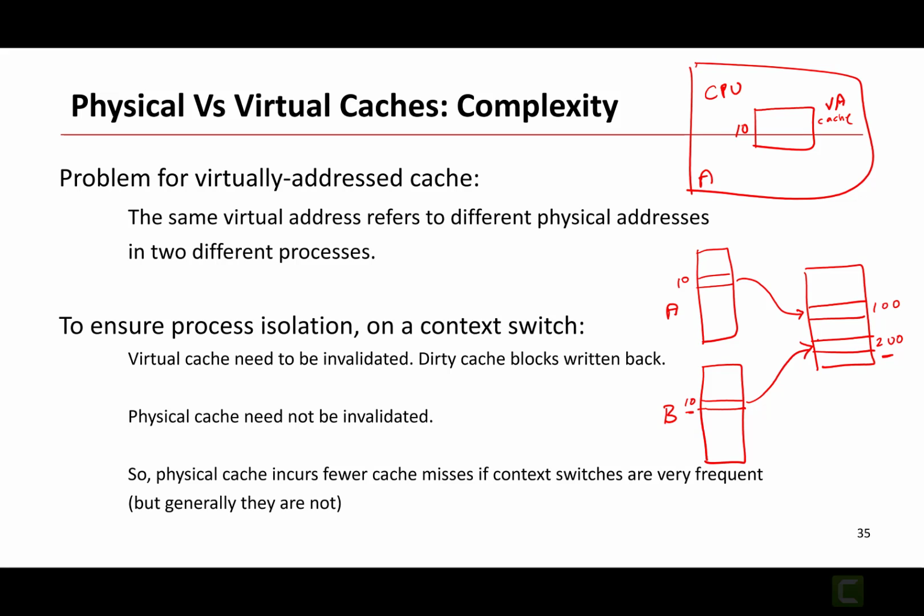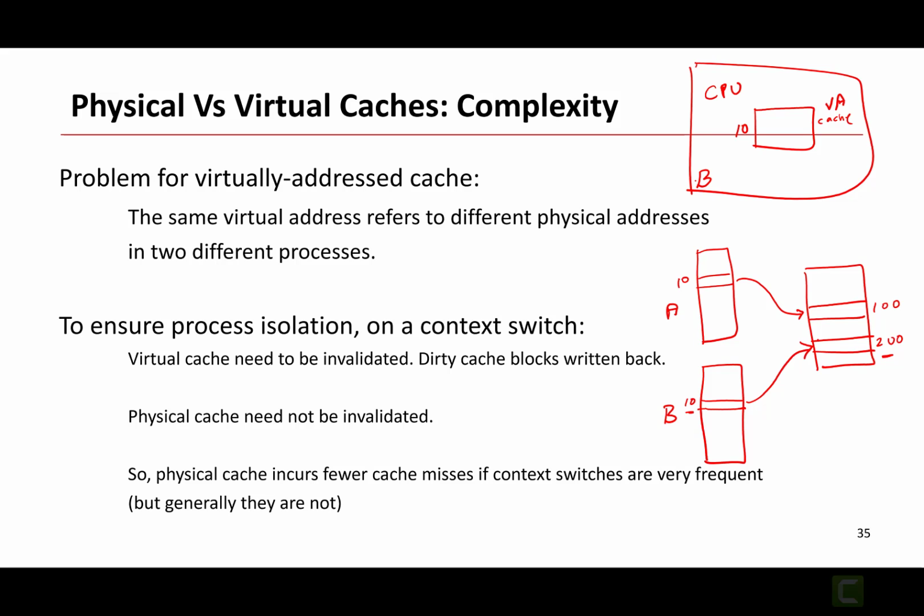Now let's say there is a context switch. So when there is a context switch, B comes in, starts executing, and like I said before, B also wants to access virtual address 10. And in the case of a virtually addressed cache, remember we don't do the address translation when we access the cache. So you take the address 10, go and check the cache, and what do you find?